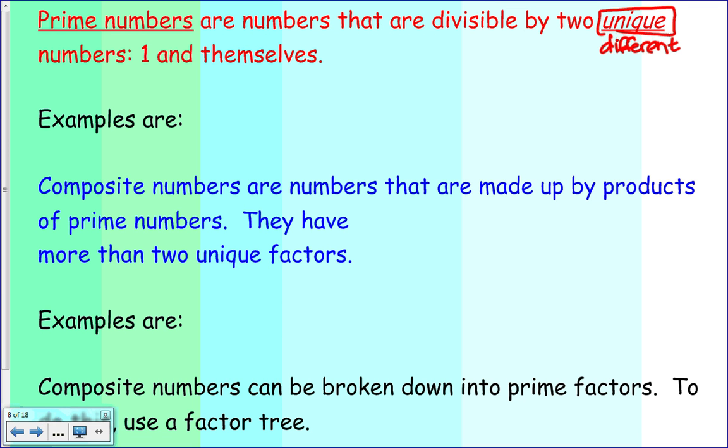And so if you had to think about what was the first prime number, a lot of people might say 1 was the first prime number, but 1 is not, because it is not divisible by 2 different numbers. It's divisible by 1 and 1. In other words, 2 of the same number. So 1 is not prime.